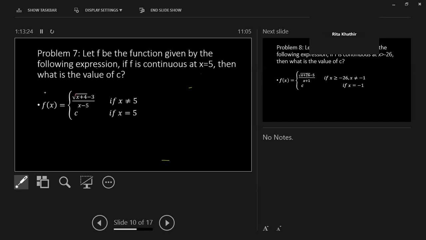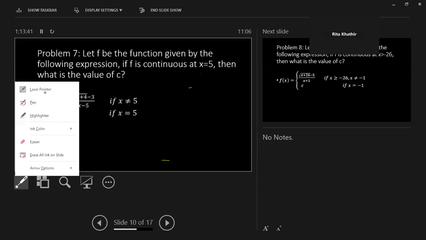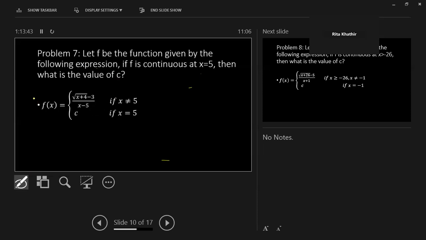To determine c, we should think about the 3 strategies in solving problems that I showed you from the chart before. Which one can we use to solve the problem? Number 1, number 2, and number 3. I think between number 1 and 2. Factorization or conjugation? Conjugation, okay?